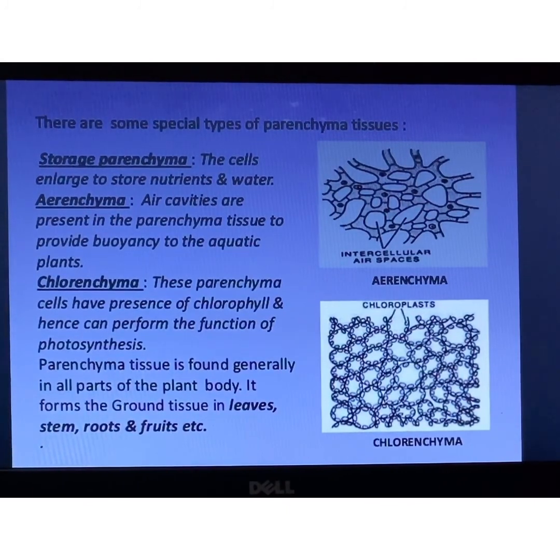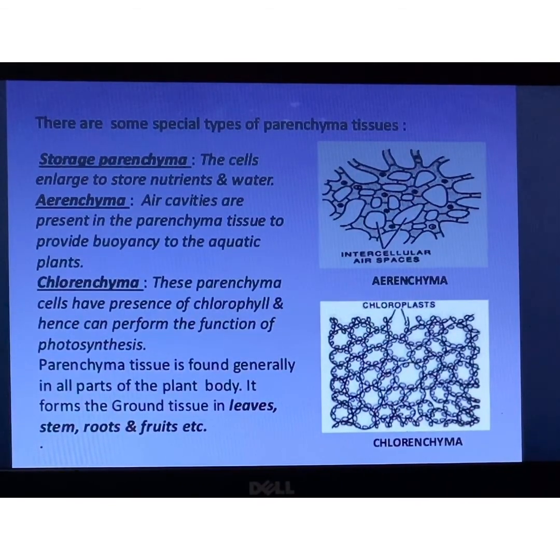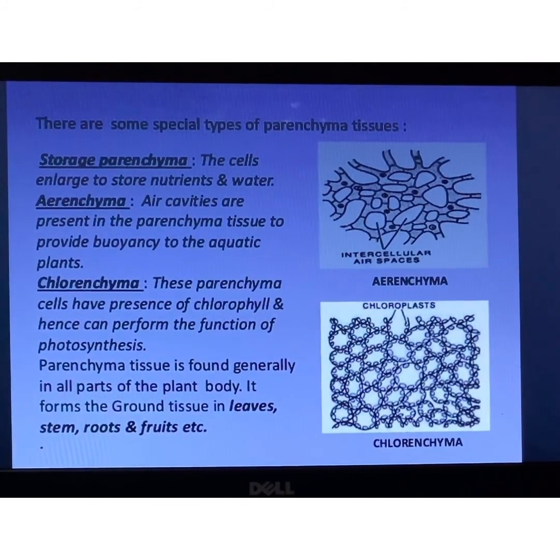Parenchyma tissue is found generally in all parts of the plant body, and hence it forms the ground tissue in leaves, stem, roots, fruits, etc. Okay, so three very important functions that parenchyma does: photosynthesis, buoyancy of plants, and storage of nutrients and water. I hope you're clear about parenchyma.